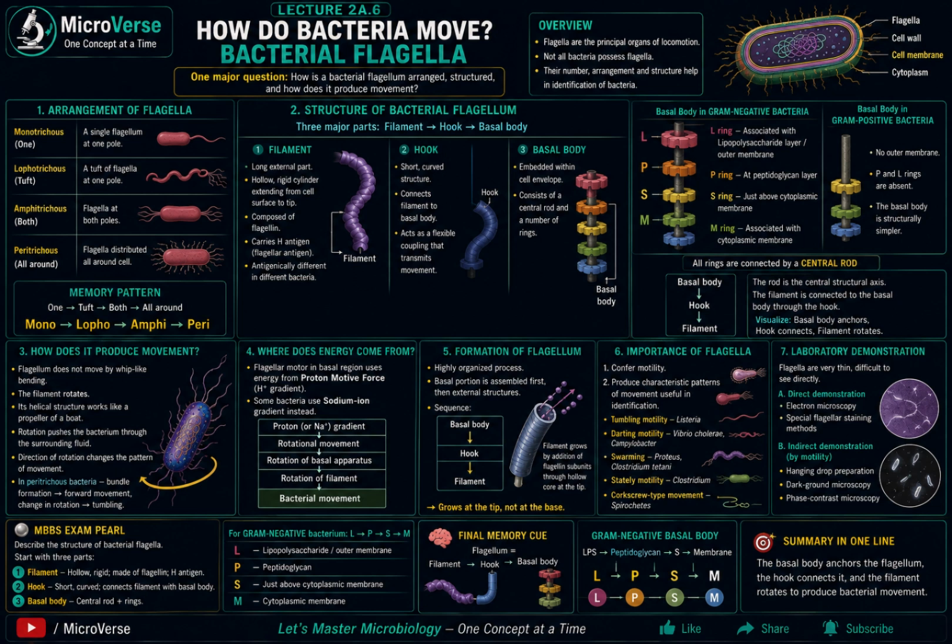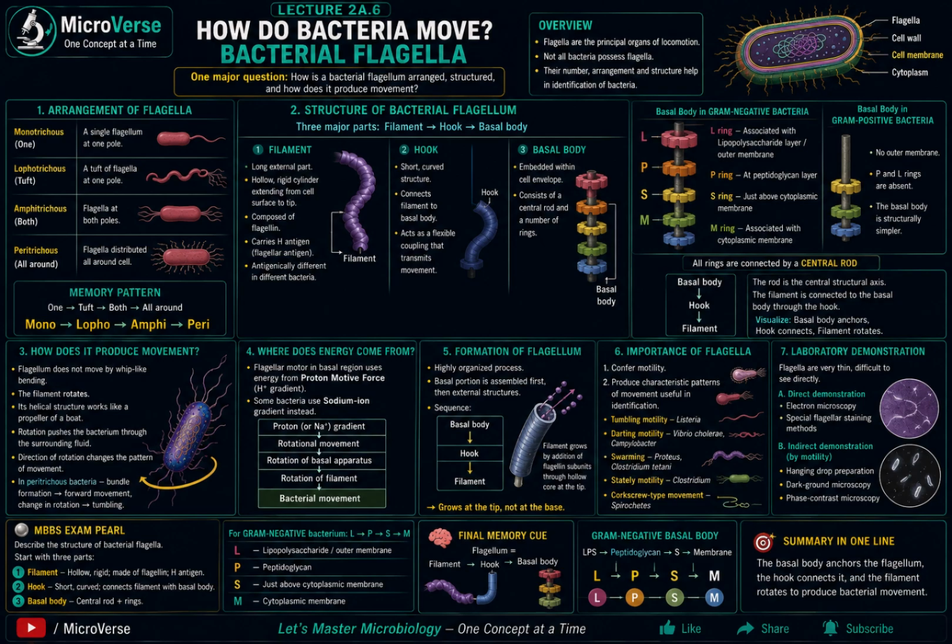This is where the gram positive and gram negative bacterial structures differ. So let's see the basal body in gram negative bacteria. Classically, gram negative bacteria have four rings: L, P, S, and M. Let's understand their locations. First, the L ring, the outermost ring, is associated with the lipopolysaccharide layer or outer membrane.